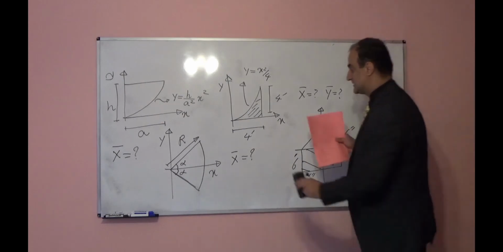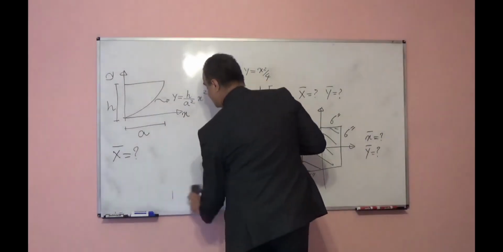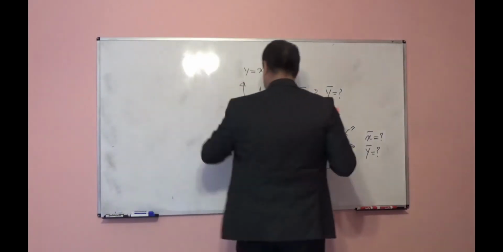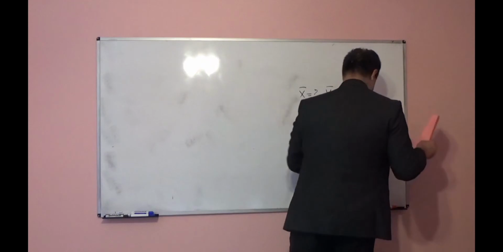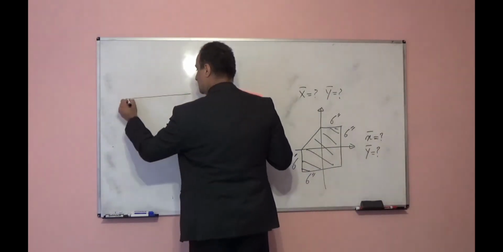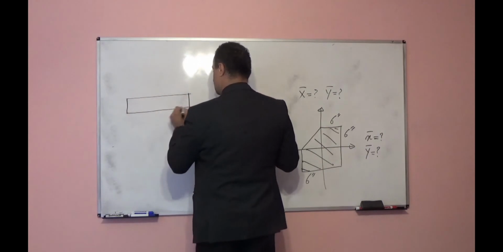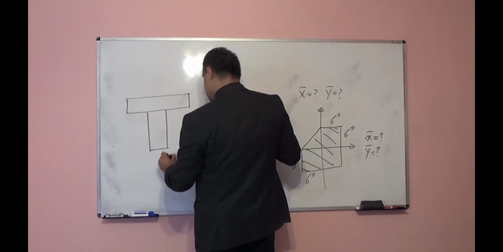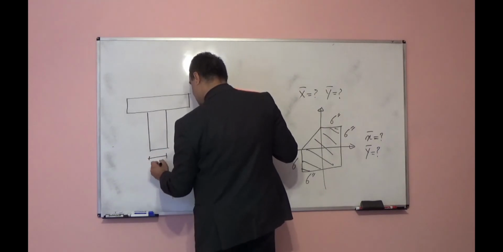The next example is one T section. The thickness of the web is 120 millimeter.